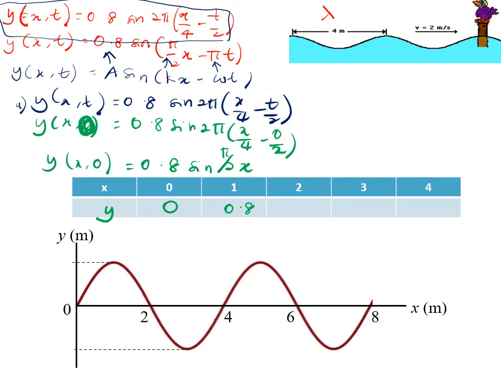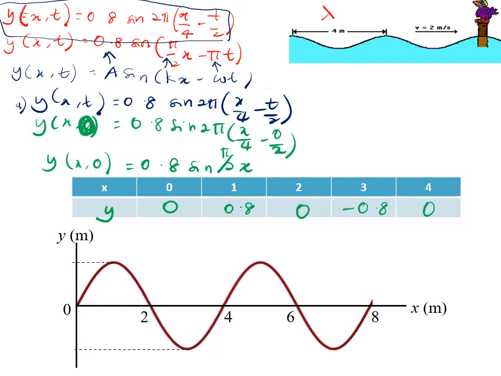Likewise, the values give you a sinusoidal graph: 0, then negative 0.8, and at 4 it is 0.